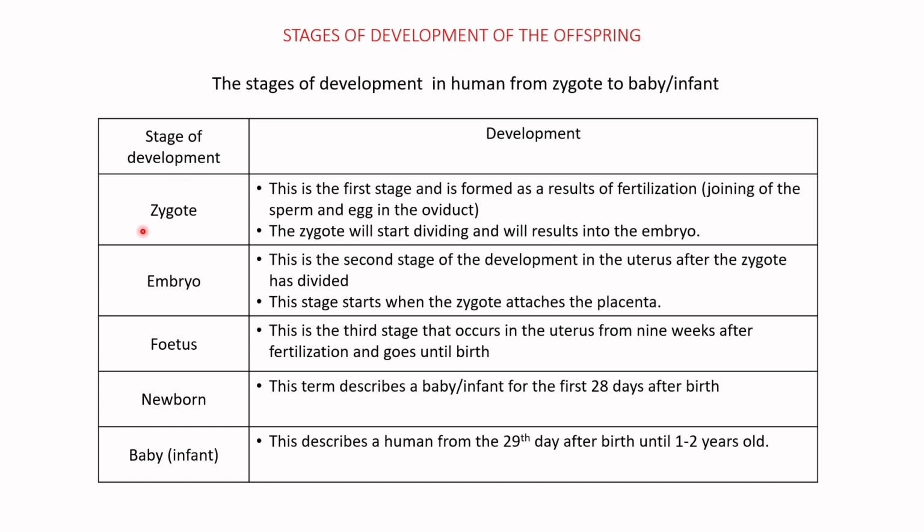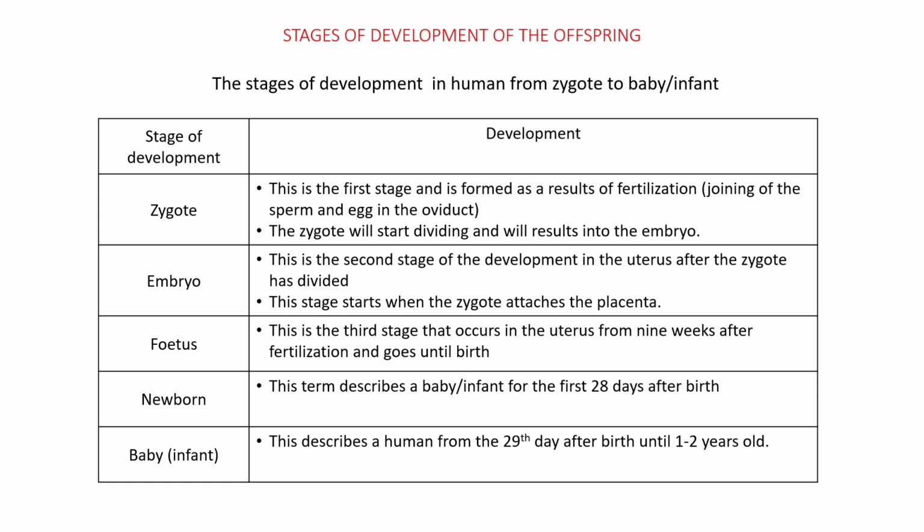The zygote is the first stage, formed as a result of fertilization, the joining of the sperm and egg in the oviduct. The zygote will start dividing and will result in the embryo. The second stage is the embryo. This is the second stage of development in the uterus after the zygote has divided.